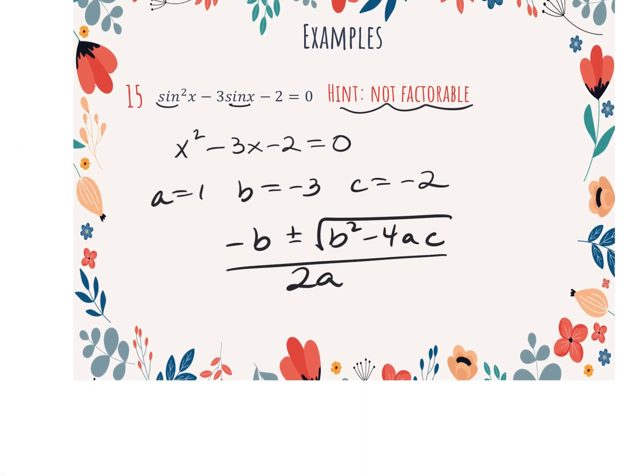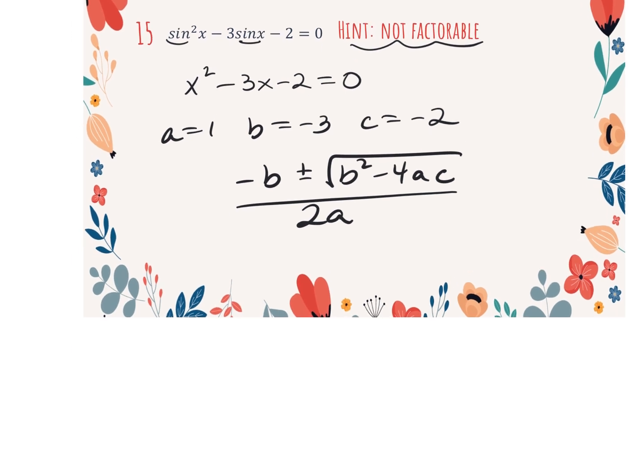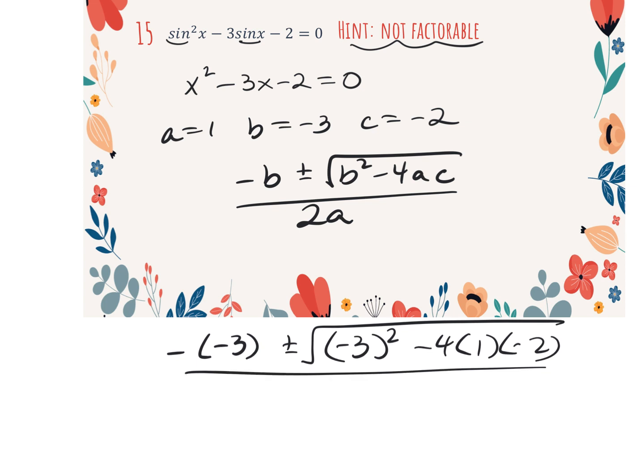So what I'm going to do is plug in my a, b, and c values into my quadratic formula. So opposite of b, or if you want to think of it as negative negative, plus or minus the square root of b squared minus 4ac, all under the radical, divided by 2 times a.